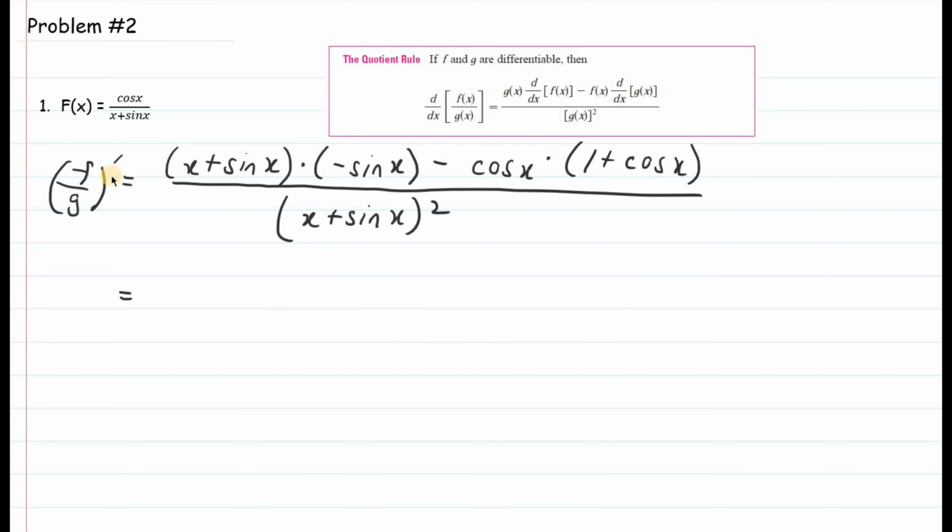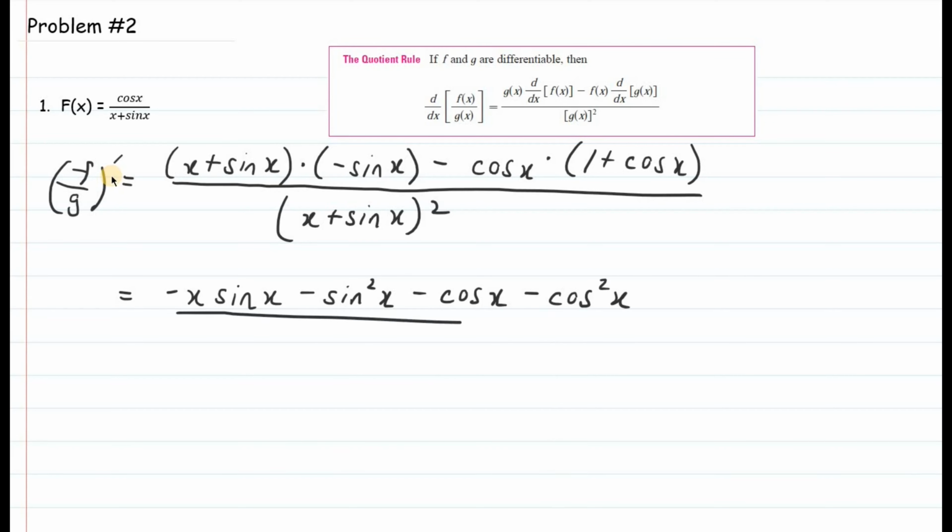So x plus sine of x squared. I can simplify this by multiplying out the minus sine of x and minus cosine of x, so you end up with minus x sine of x minus sine squared x minus cosine of x minus cosine squared x all over x plus sine of x squared.